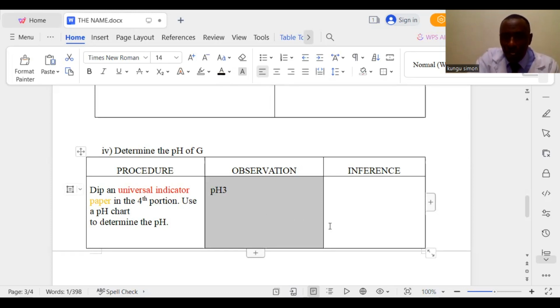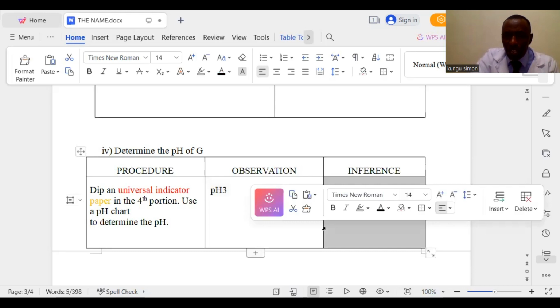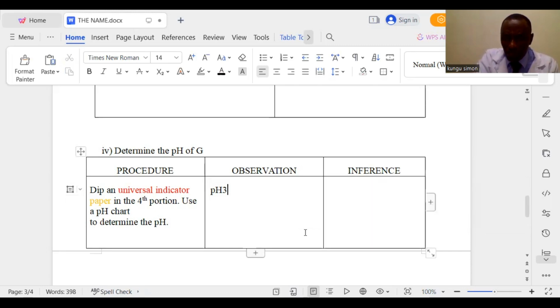And then finally, the inference from this. We know very well that universal indicators are made to tell us the strength of the acid. So here, you've got to have an idea of the strength of an acid. Normally, for an acid between pH 0 to 3, that's a strong acid.